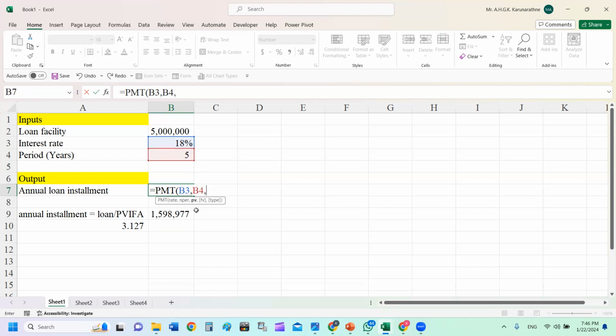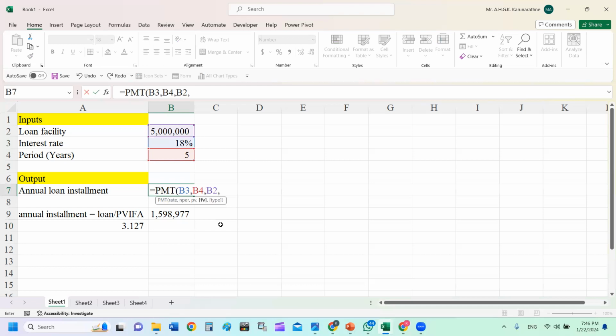PV means present value, the amount you borrowed today. PV means our loan. Comma. FV depends on whether you want to generate additional savings by the time you fully settle your loan.